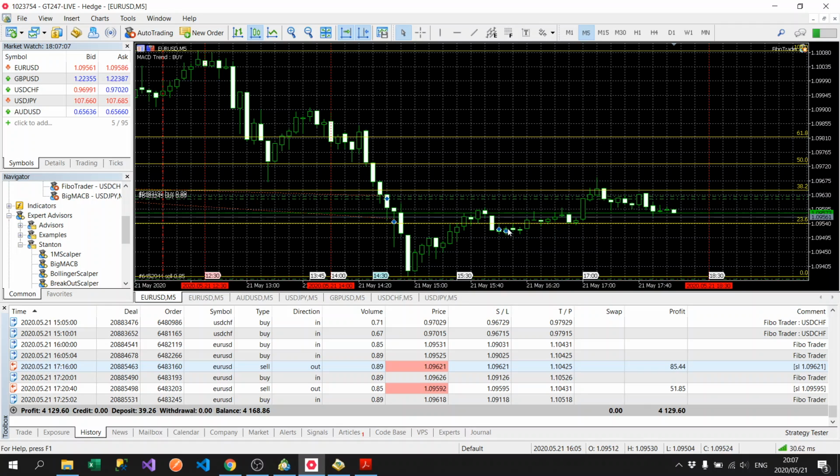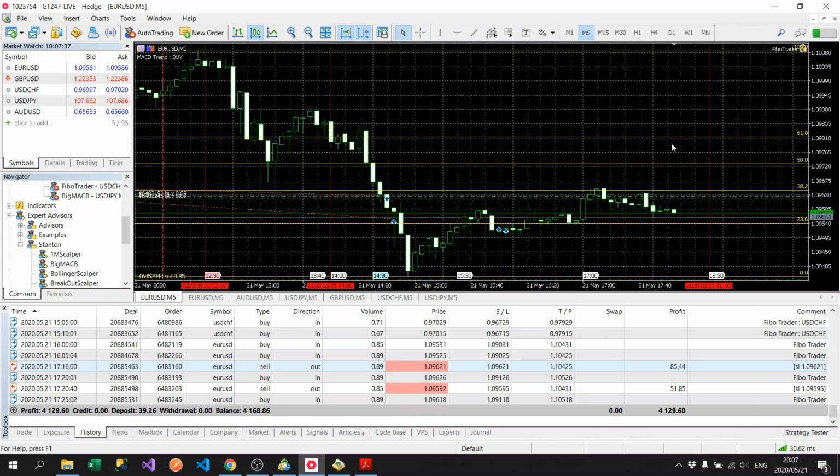At the point when this trade was opened, it was above the 23.6 and it looked for a buy because the trend is a buy. It's going up and down, so we'll keep watching this trade, and hopefully we could see it go into profit and use the trailing stop.